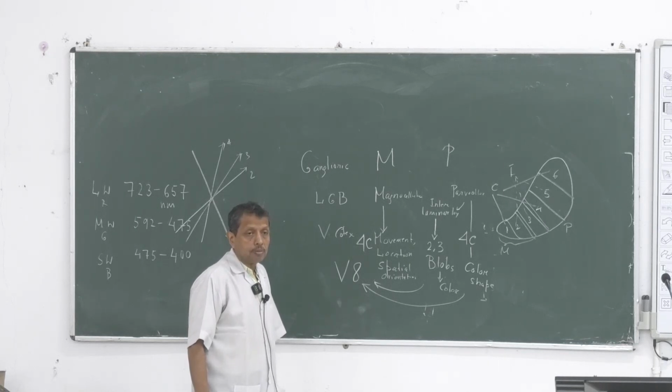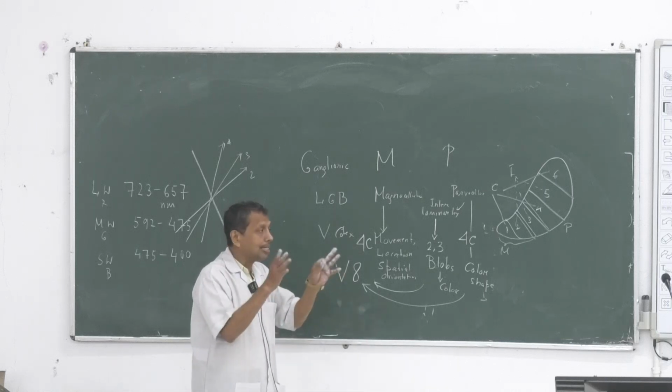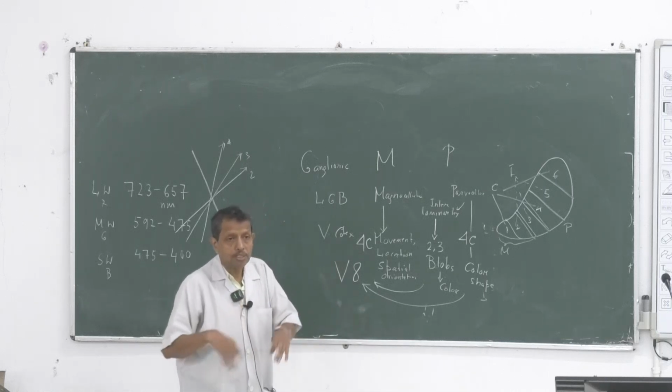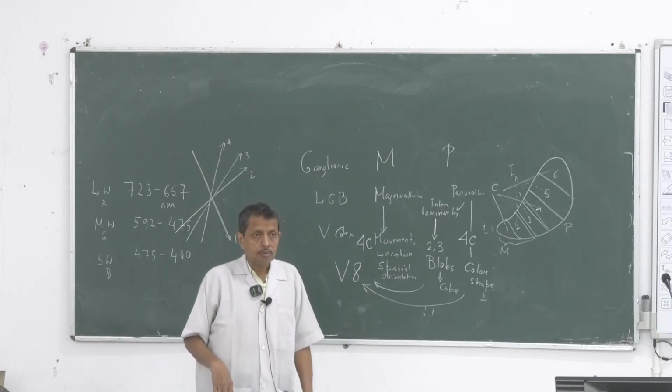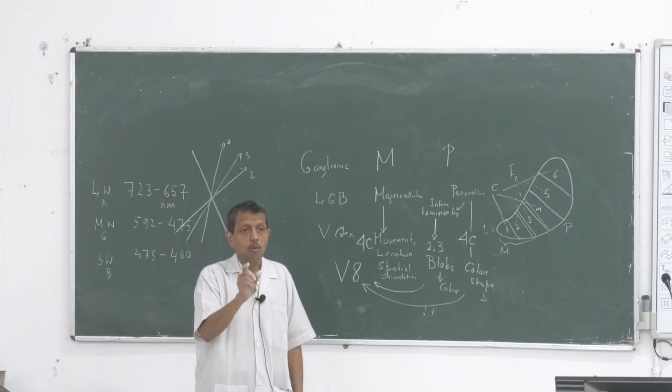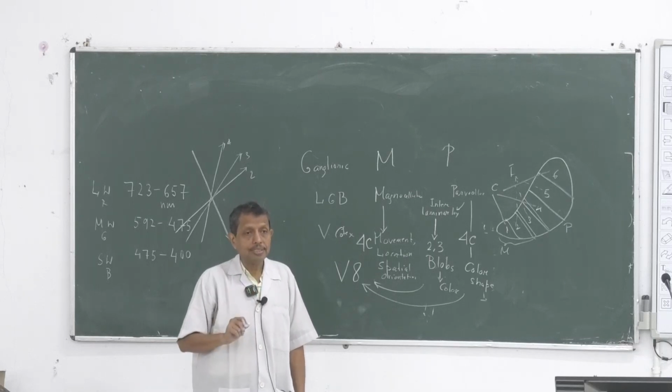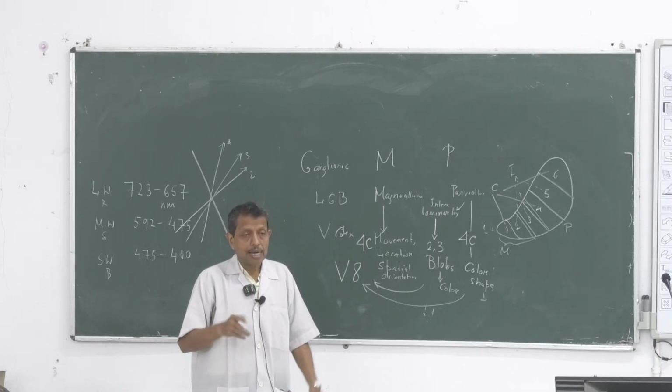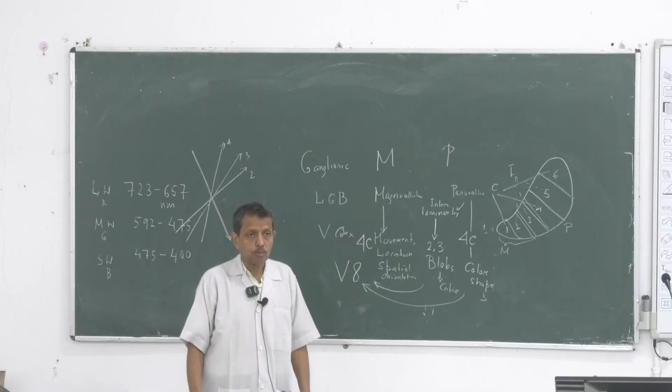And there is bilateral comparison, binocular vision. When at the middle part, the common part, it is seen by both the eyes, and there is correspondence.